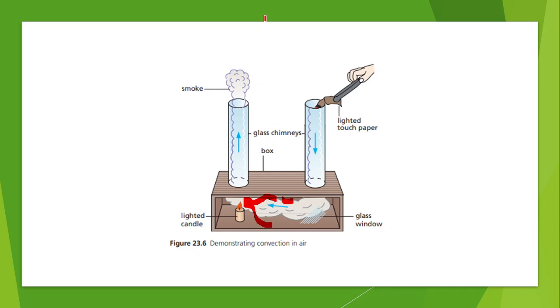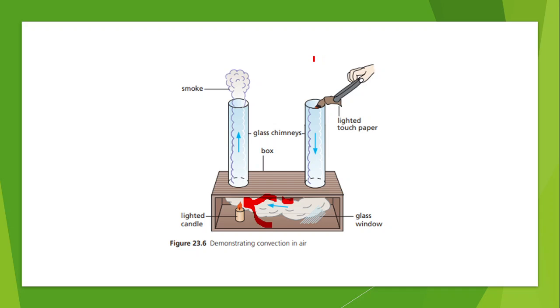If there was no medium, no currents, or no mechanism to bring the smoke up, we wouldn't be able to see it rising. We would just see the smoke settle over here. But the reason we see it coming out of here is because of the hot air currents that are rising up.